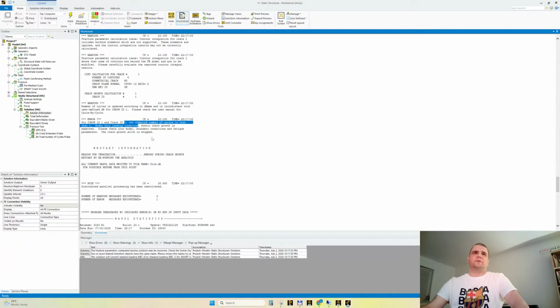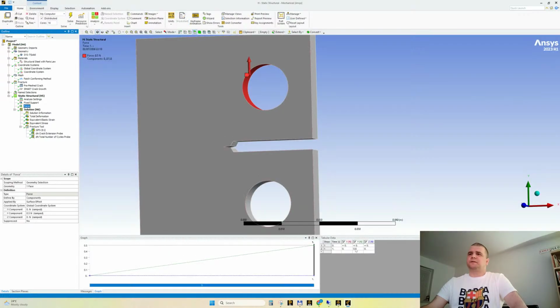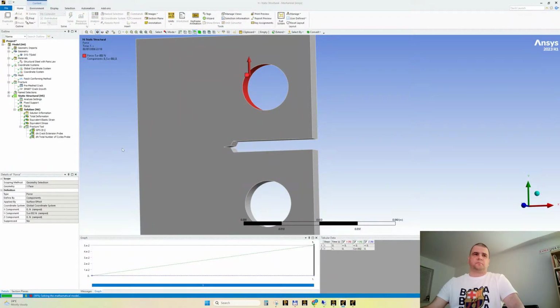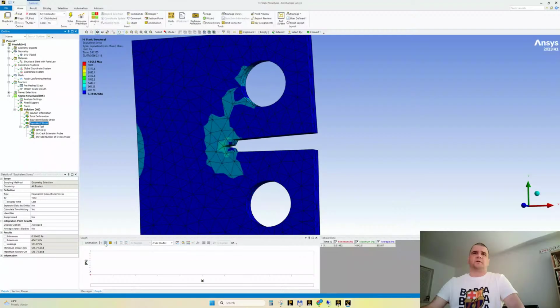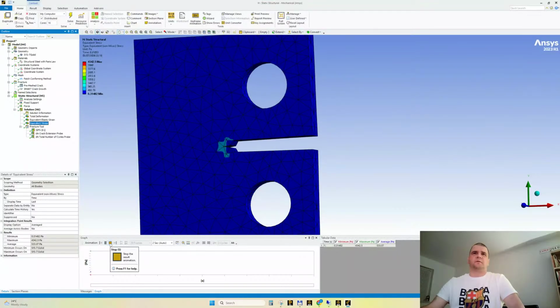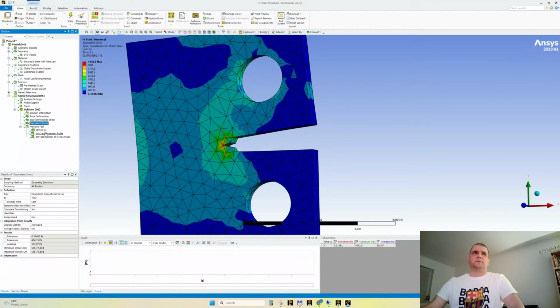It seems that the load is too high. Can I decrease the load, 0.05, for example? Come on. What should I do?